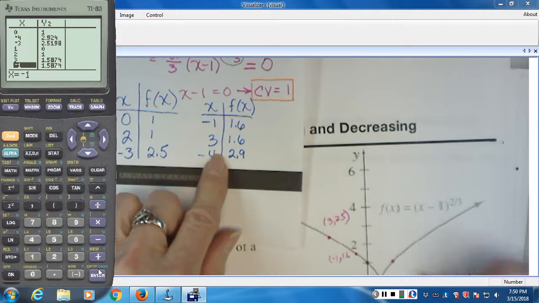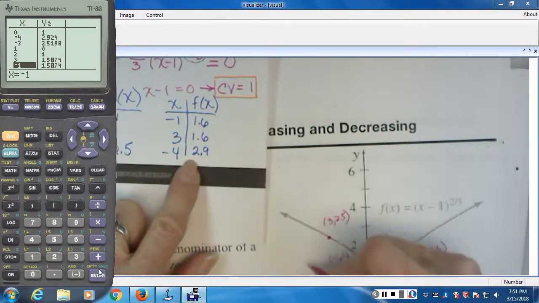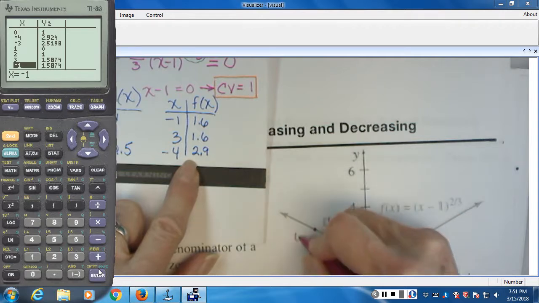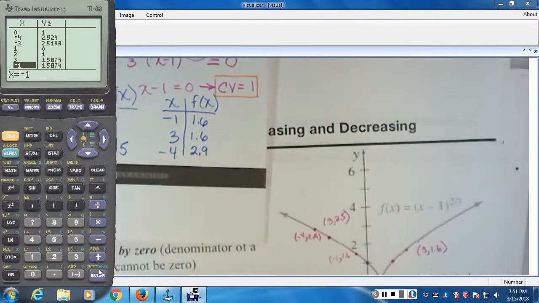And when it's +3, I've got 1.6. And when it was -4, I've got 2.9. And, you know, I could have also added the fact that when I was at +4, I would probably also have gotten another number that was around 2.